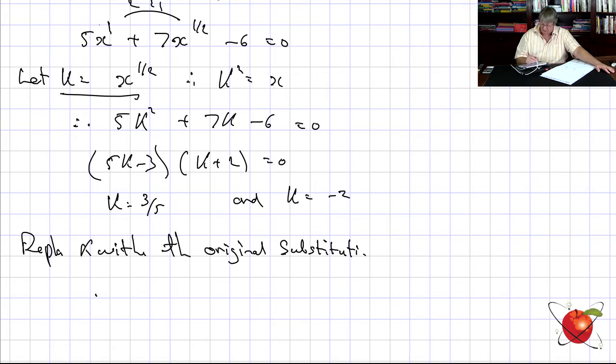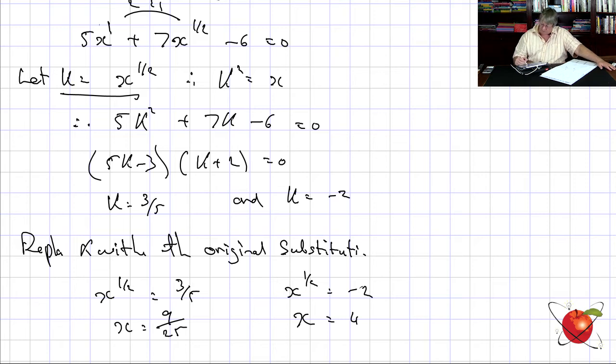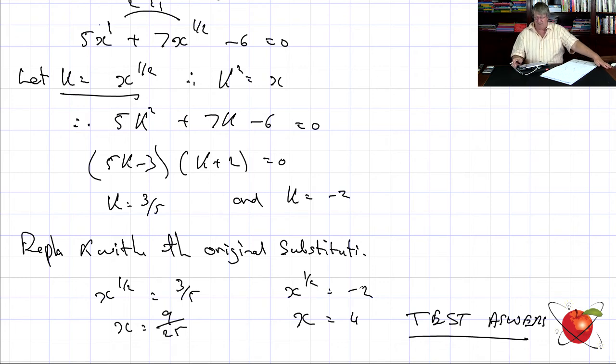So now I can say, therefore x to the half is going to be 3 over 5, and x to the half is going to be minus 2. Next, then I say, therefore, x, square both sides, 9 over 25, x is equal to 4. And then we go and we test answers. That is the K method. As I say, there's a whole section where we're going to just do the K method on its own.